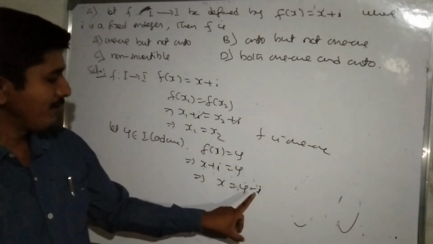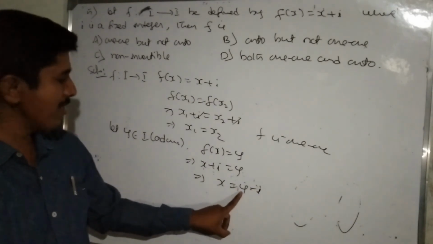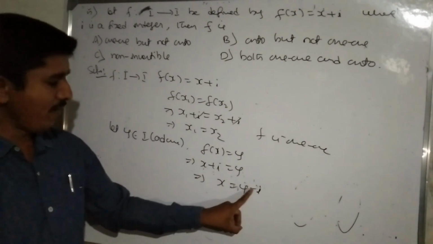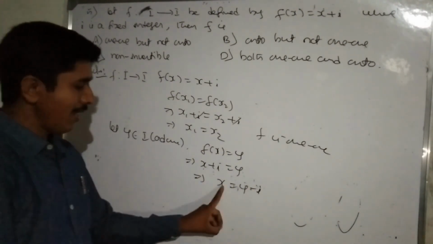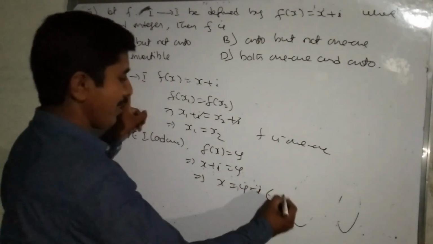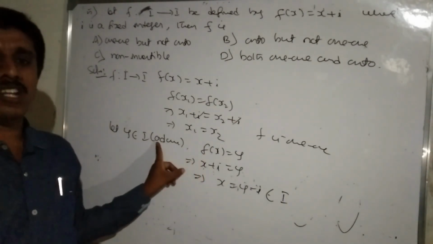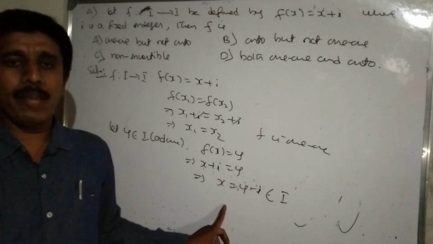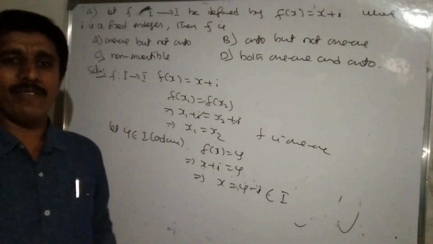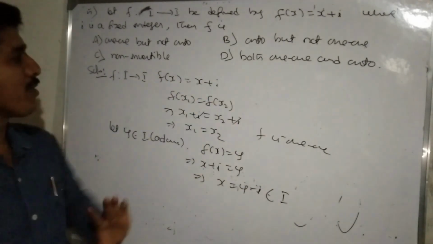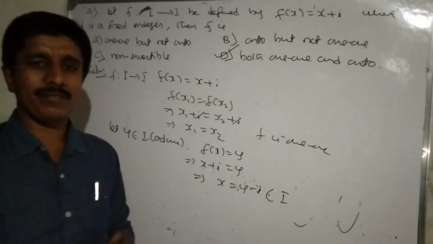Here i is an integer, and y is also an integer because it belongs to the codomain. The difference of two integers is again an integer, so x belongs to the domain. For every element of the codomain there exists a pre-image in the domain, so the function is onto. Clearly it is both one-one and onto, so D option is the right option. Thank you.